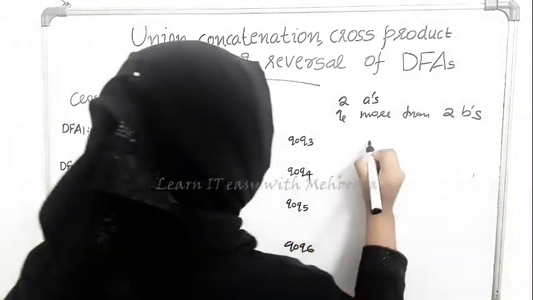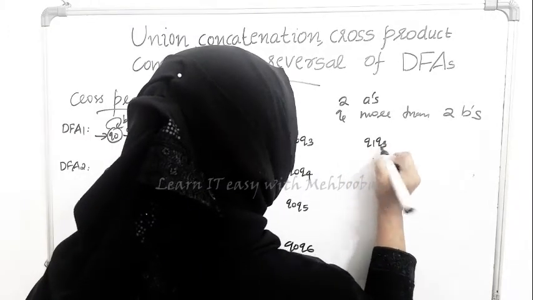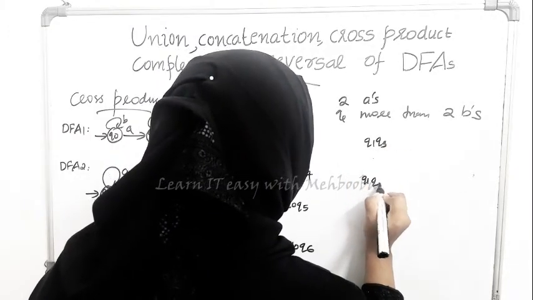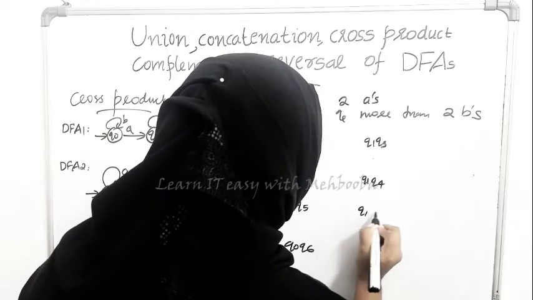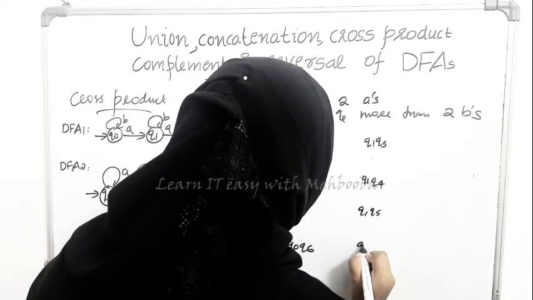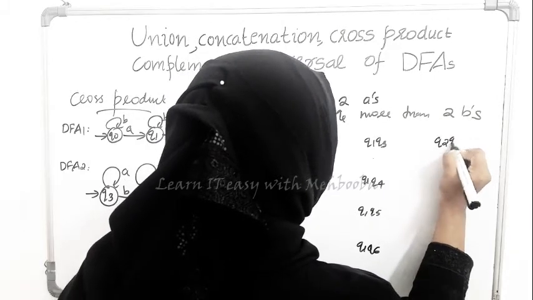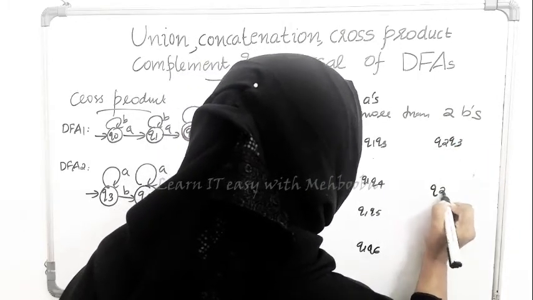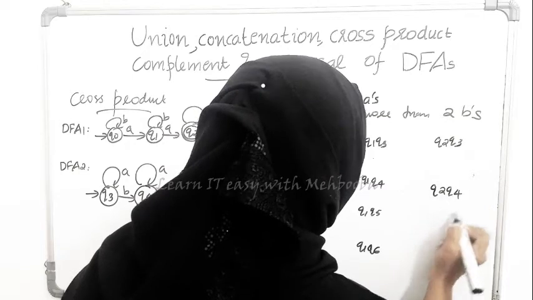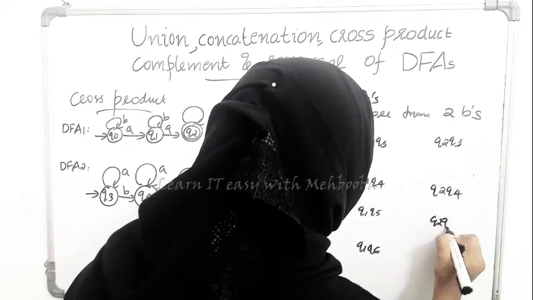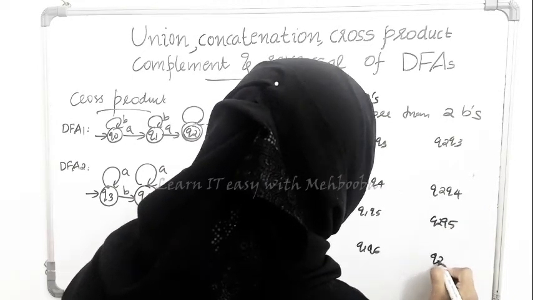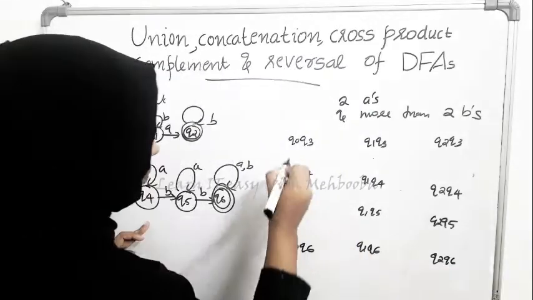Now Q1, Q3, Q1, Q4, Q1, Q5, Q1, Q6. Now Q2, Q3, Q2, Q4, Q2, Q5, Q2, Q6.